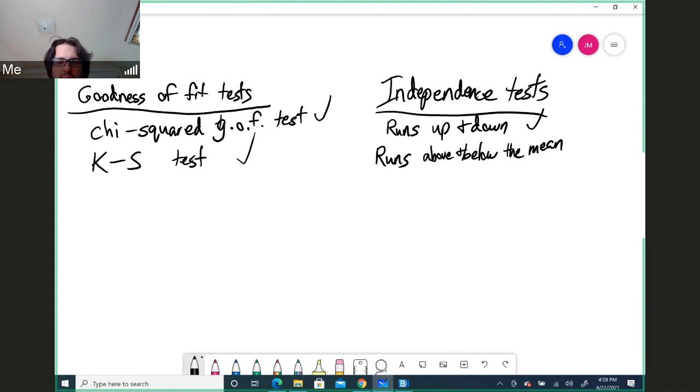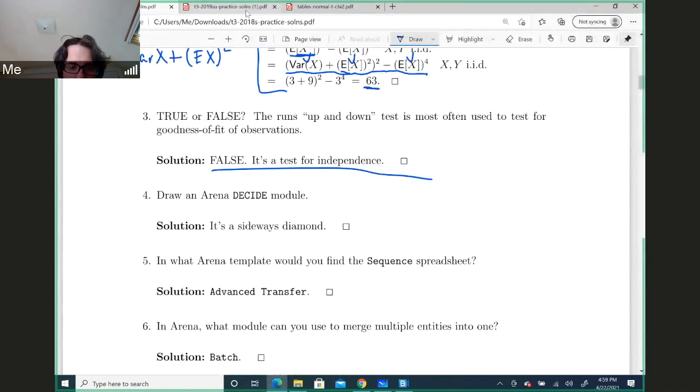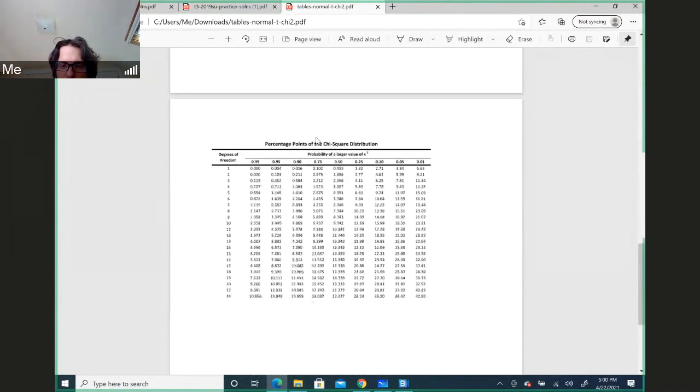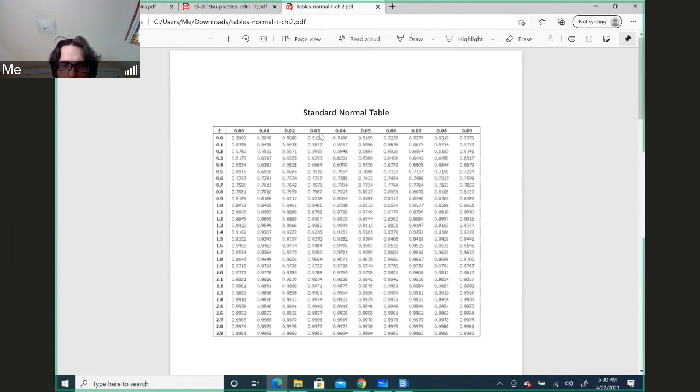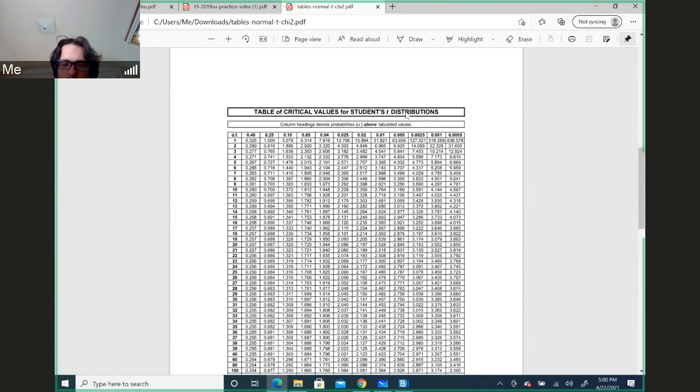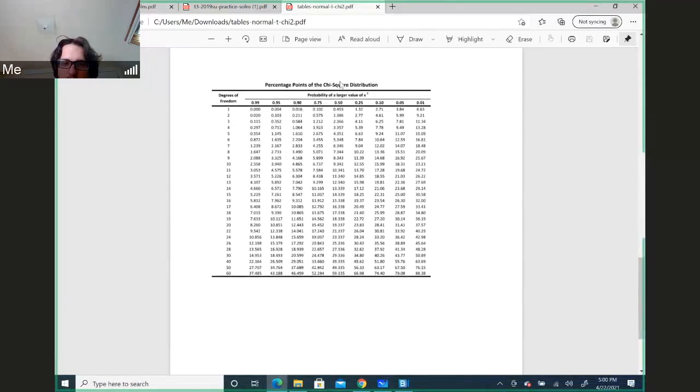In some cases, some of these tests might have tables that you might not have access to, because as you know, the exam has these tables. The exam has basically 3 tables. It has a standard normal table, a critical value t table, and a chi-squared percentage points table.